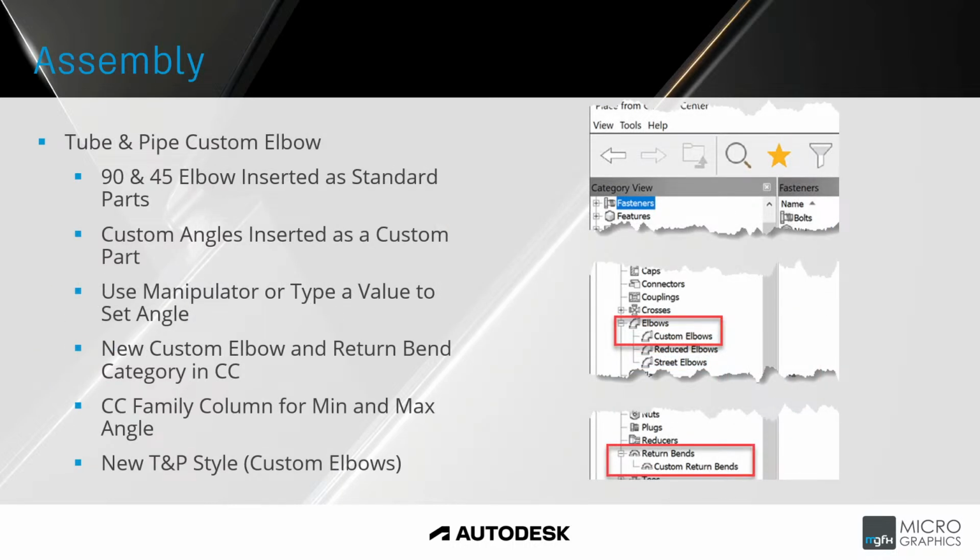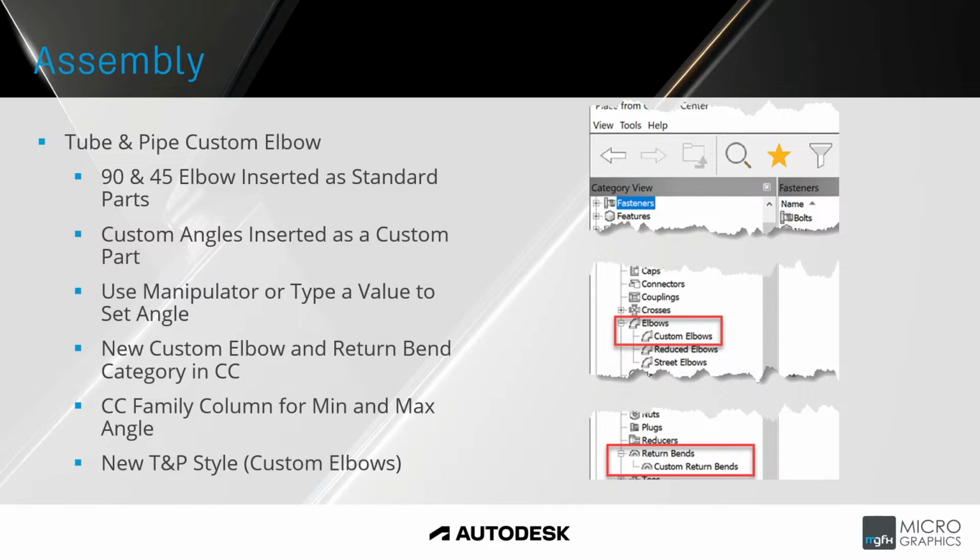Moving on to the tube and pipe environment, there is now the ability to create custom elbows or cut back elbows within the tube and pipe. Up to now you were only able to put in a 90 or a 45 degree elbow, which would automatically populate your pipe run with 90s and 45s, and these would be inserted as standard components, off the shelf parts.